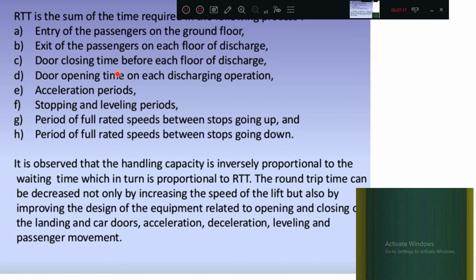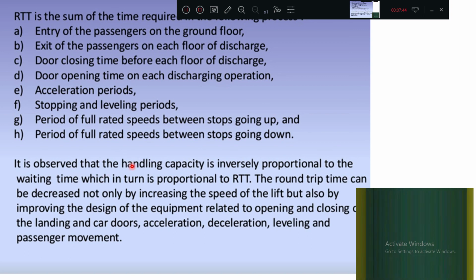Acceleration period, stopping and leveling period, period of full rated speed between stops going up, period of full rated speed between stops going down. So entry, exit time, door opening, door closing time, acceleration time, stopping time, speeding up time. When you combine all these things, you will get RTT.